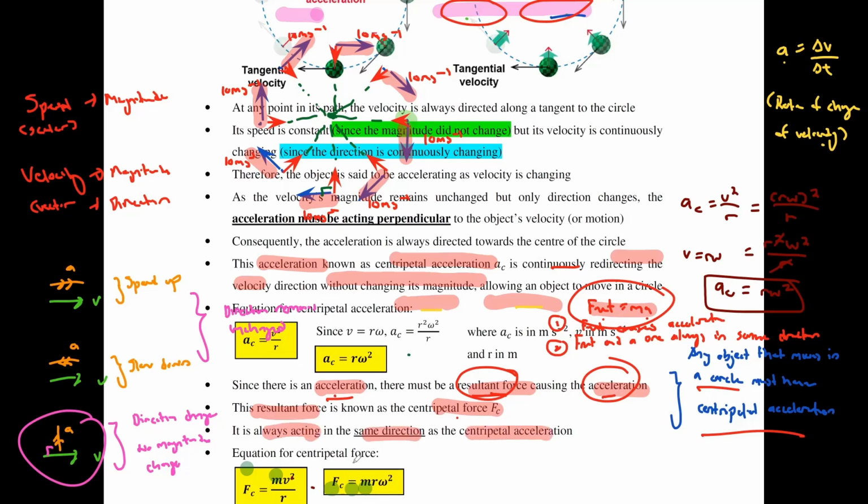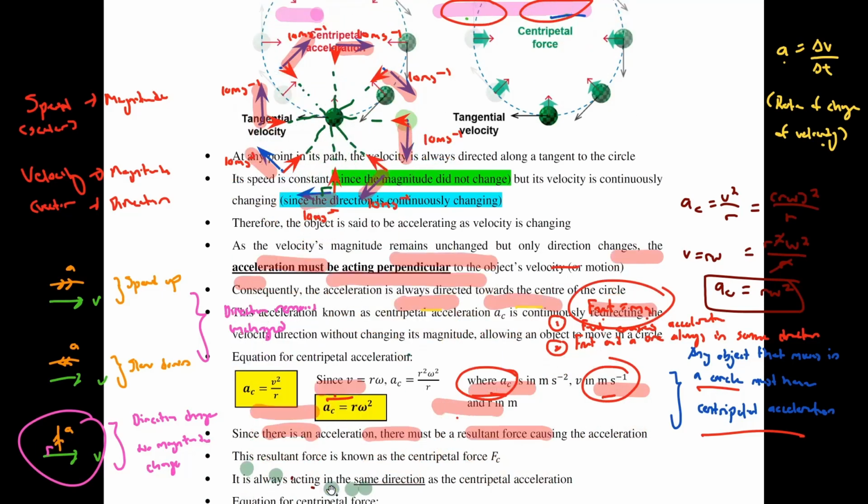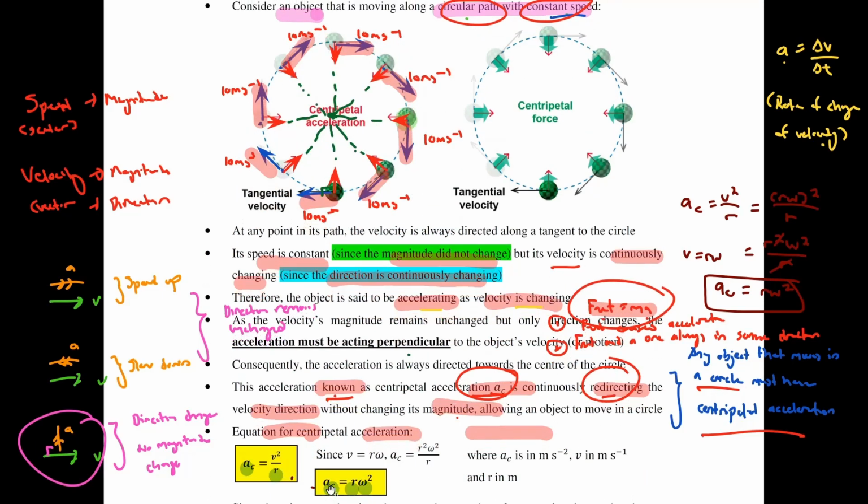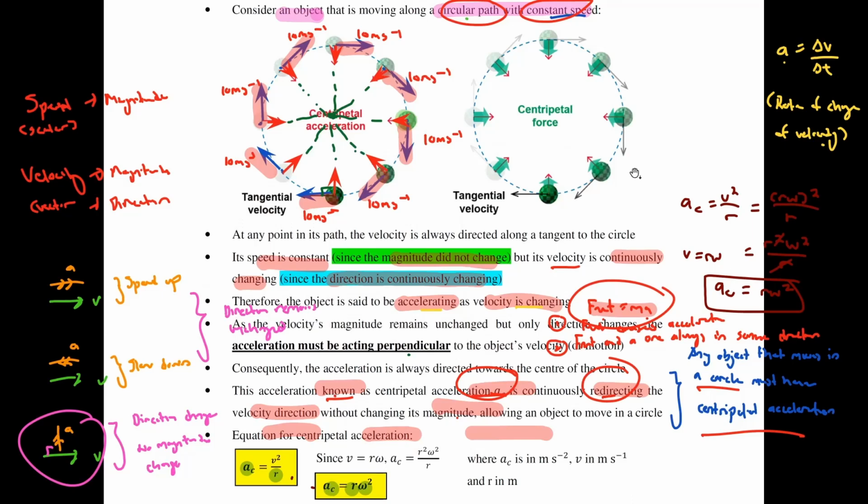So this means that your centripetal force must always be acting perpendicular to your velocity, or always towards the center of your circle. That one is actually shown in the second diagram that you have here. The arrows that you're seeing here all represent the centripetal force. It is always the same direction as your centripetal acceleration. That's why it's always directed towards the center of the circle also.